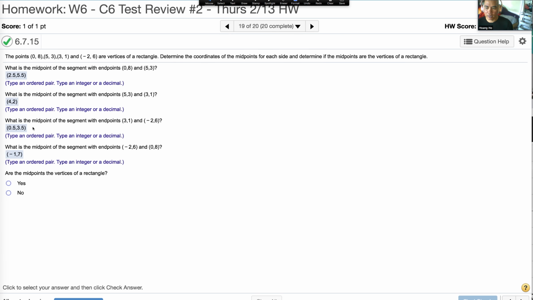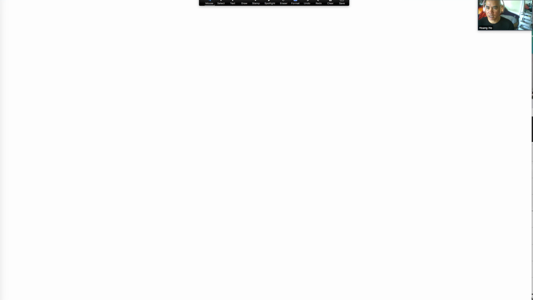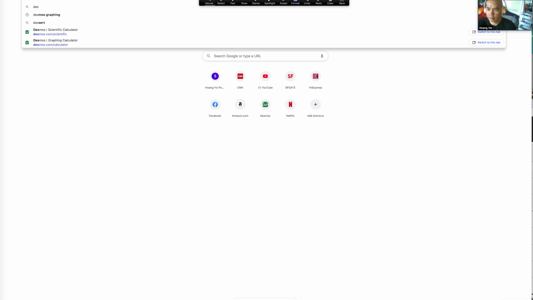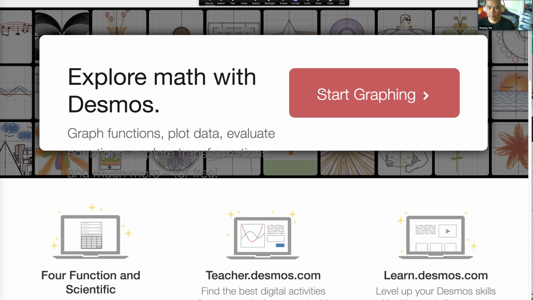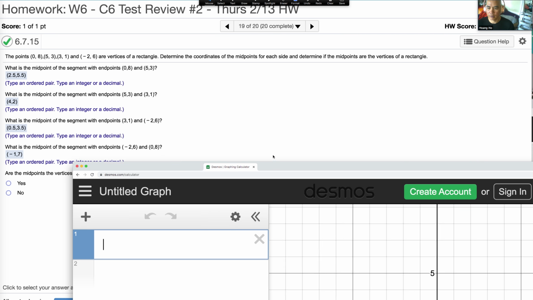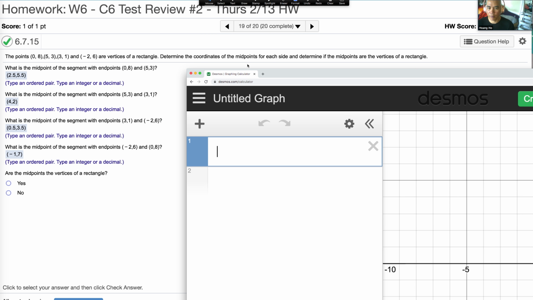So now they ask you if all those 4 midpoints form a rectangle. Let's use a decimal graphing calculator again. Let's enter these 4 points.